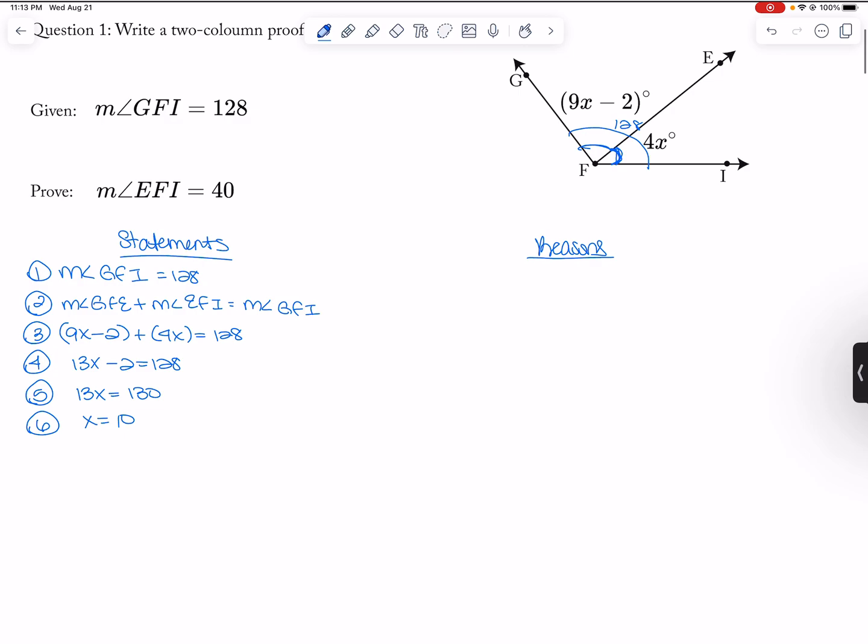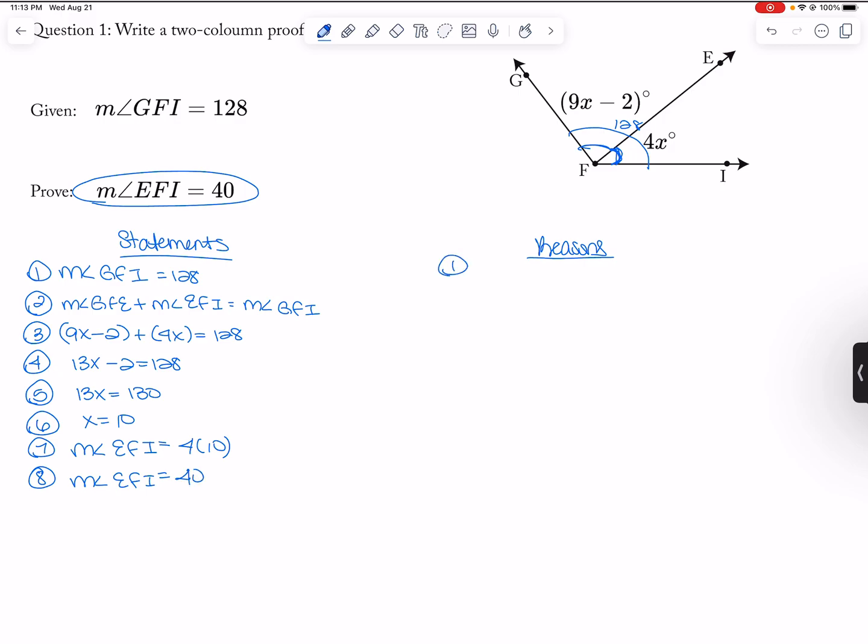And then I go back and I look, oh man, I gotta do this. So then the measure of angle EFI is equal to 4 times 10. And then my last thing is measure of angle EFI is equal to 40.